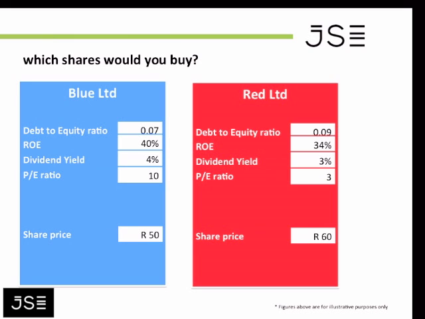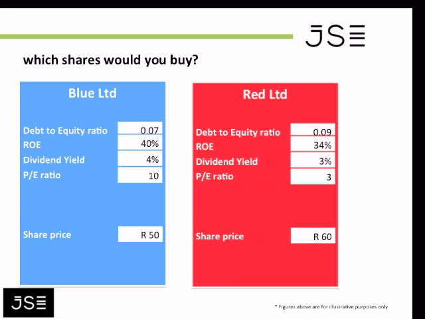If we look at the PE ratio, the PE ratio for Blue Limited is 10, and the PE ratio for Red Limited is 3. Now that tells us a bit more. That basically means that you're paying more for Blue Limited shares than you are for Red Limited shares.